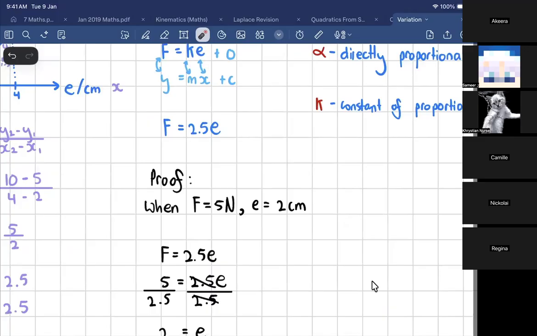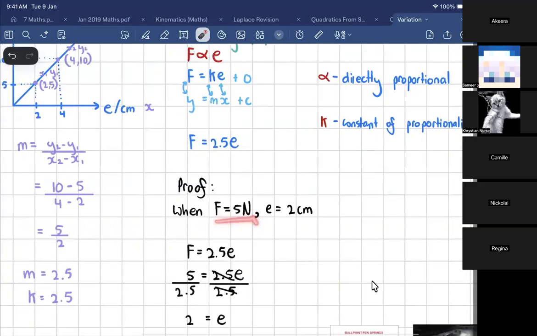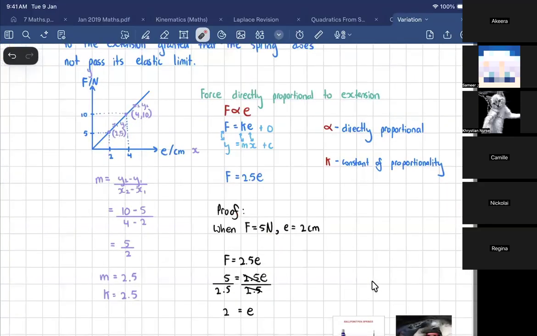So here's what I'm saying, Nikolai. If our relationship is correct, when I put in a force of 5 newtons, what am I supposed to get for extension? According to the graph and according to the relationship you're seeing here, when force is 5 newtons, what was the extension for the spring? Yeah, 2.